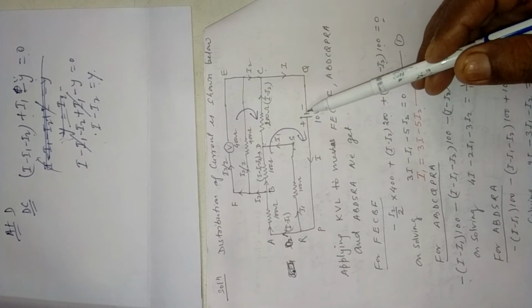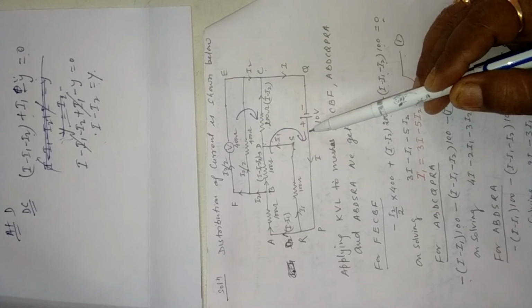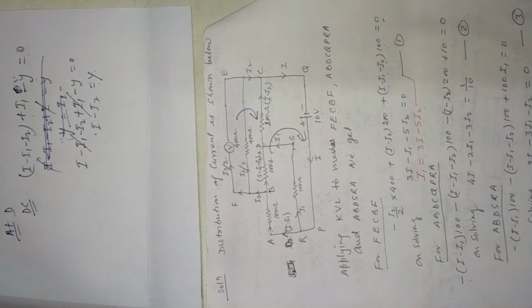Here we are moving from the negative terminal to the positive terminal, therefore its EMF will be taken as positive. So here 10 volt is taken as positive. After solving we get 4I minus 2I1 minus 3I2 is equal to 1 by 10. This is equation number 2.